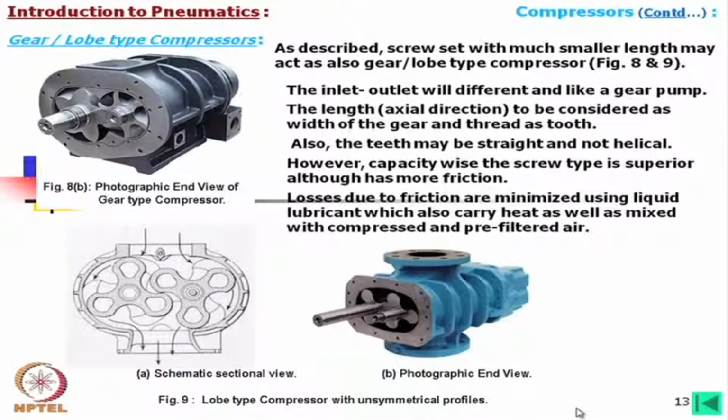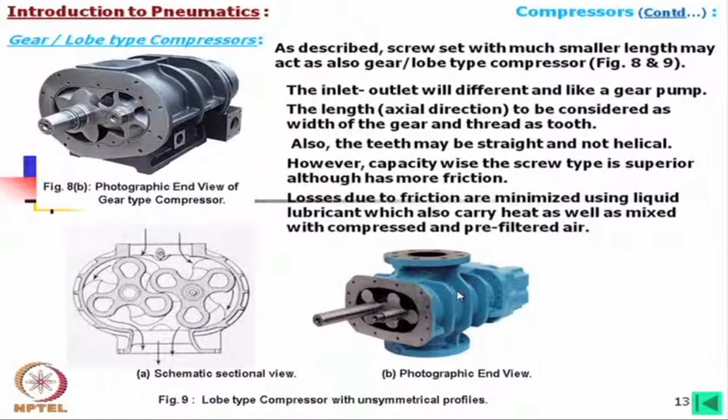Losses due to friction are minimized using liquid lubricant, which also carries heat as well as mixed with the compressed and pre-filtered air. Now, in such compressor you have to lubricate this. So, that lubricant is mixed with the air.